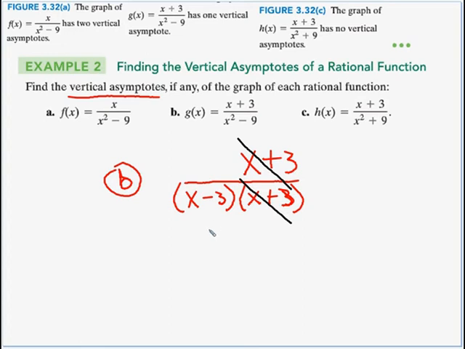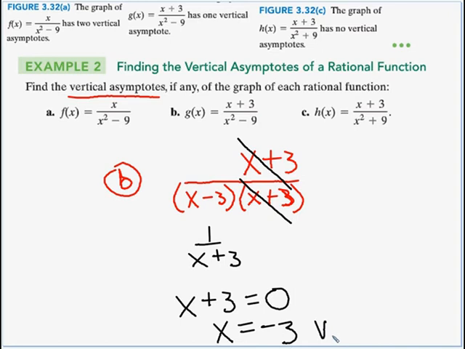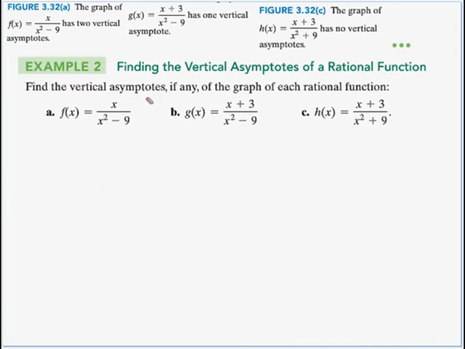Now what we're left with is 1 over x minus 3. We can't factor and cancel anymore, so here's where we find another asymptote. At x minus 3 equal to 0, or at x value positive 3, we have a vertical asymptote. The one at negative 3 isn't an asymptote because we factored it away.